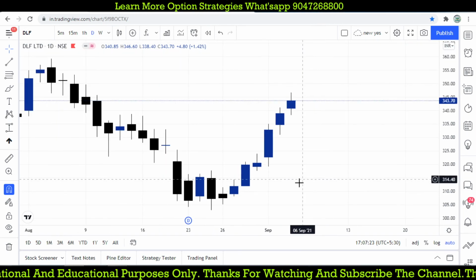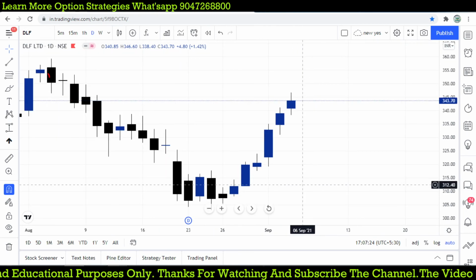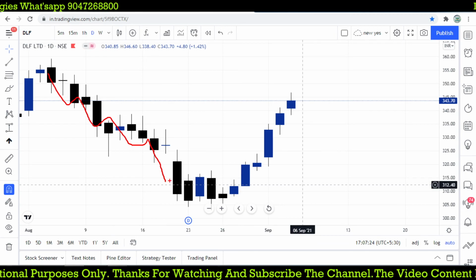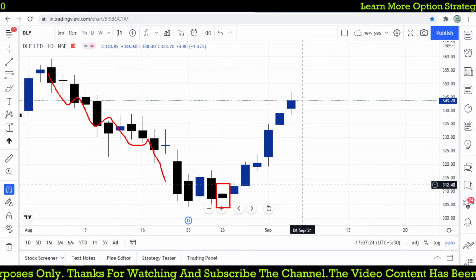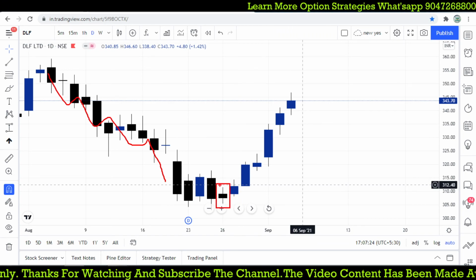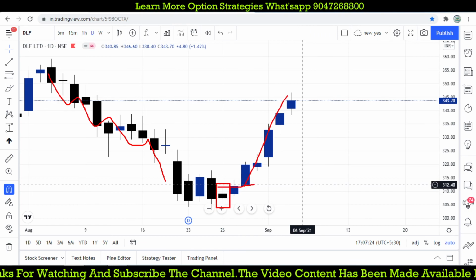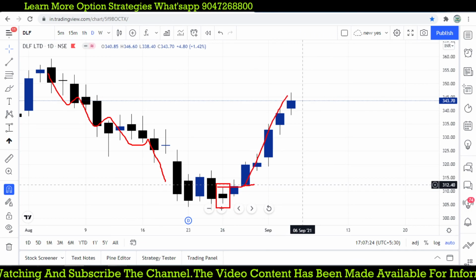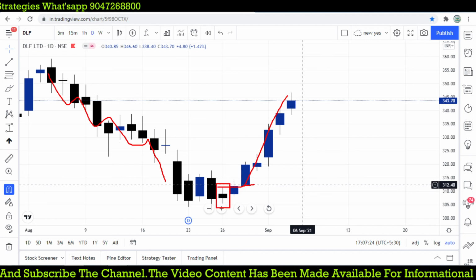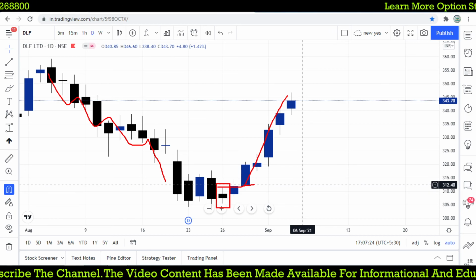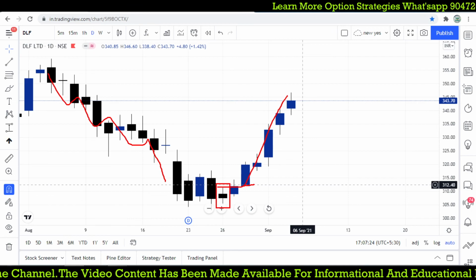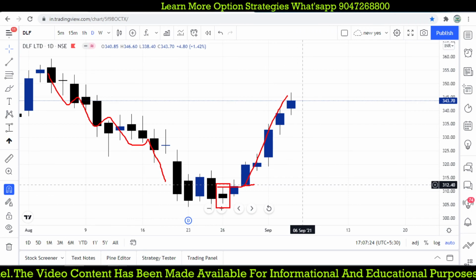Previously the stock was moving down. There is a lower-level spinning top where the market started reversing from there. If I have the scanner, it will tell me or message me, this is the point, this kind of pattern is formed.